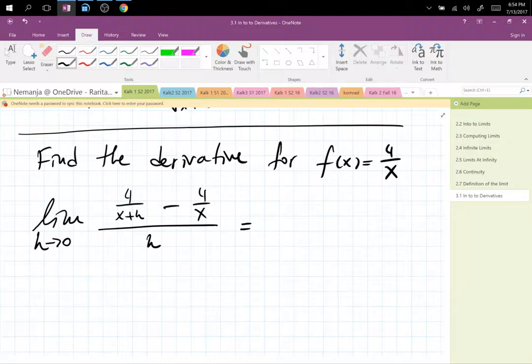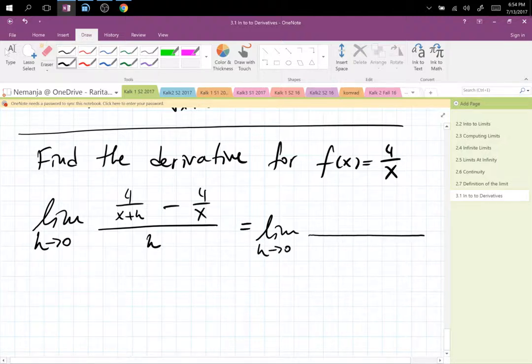And we go with limit h goes to 0 of 4x minus 4x plus 4h. No, minus 4h.